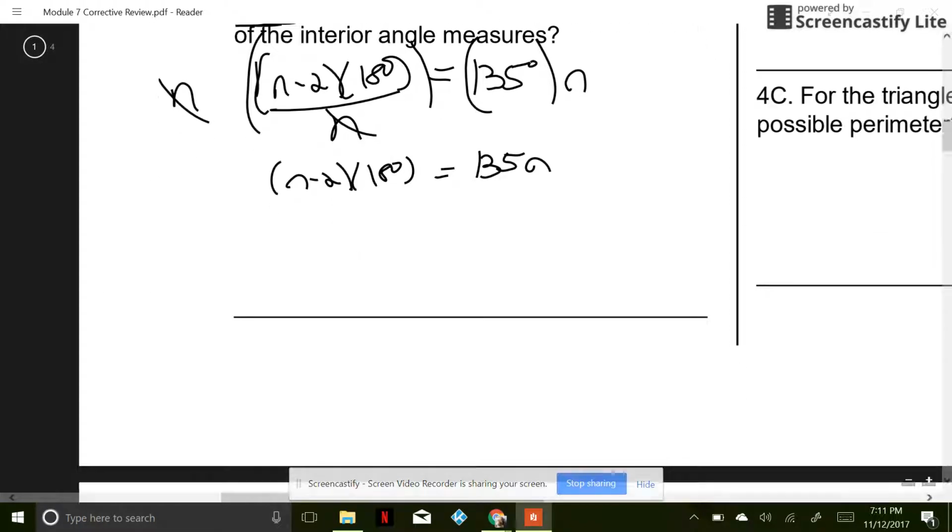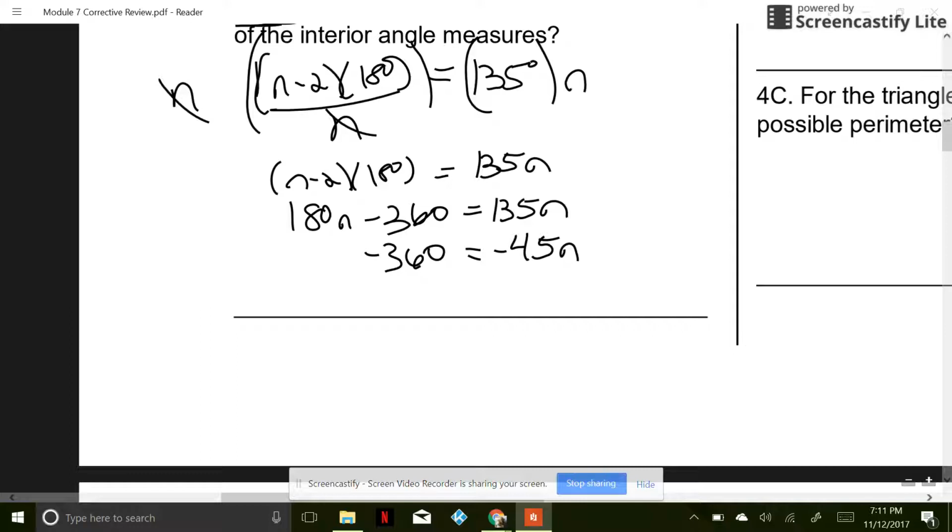Now we'll want to distribute the 180. So we'll get 180n minus 360 is equal to 135n. If we subtract the 180n from both sides, we'll get negative 360 is equal to negative 45n. Divide both sides by 45, and we get that n is equal to 8.